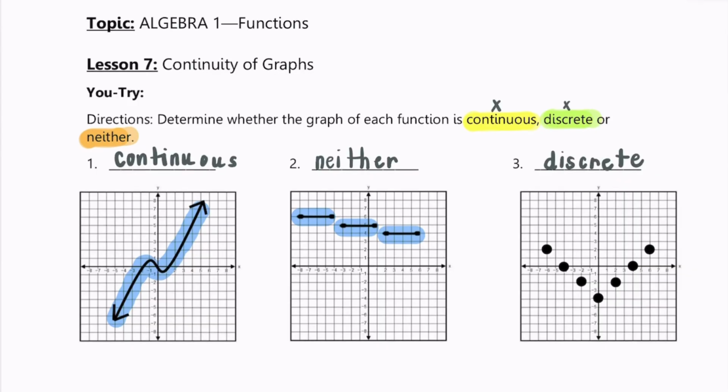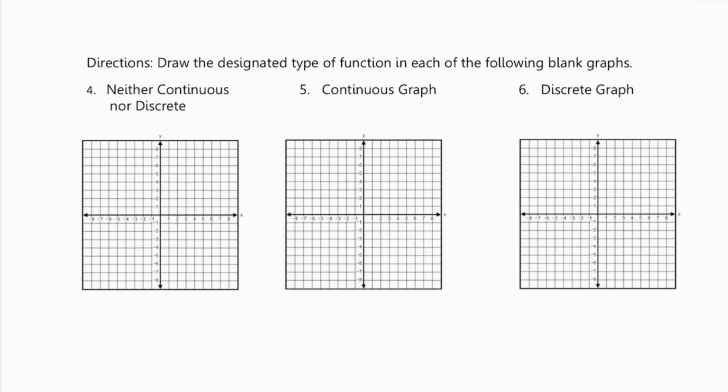Now, if we go down to the bottom half, we are asked to draw the type of function that we see. So for number 4, it's asking us to draw something that is neither continuous nor discrete. I'm just going to run with whatever comes up in my mind.